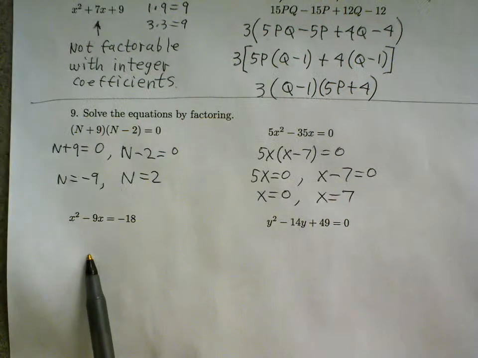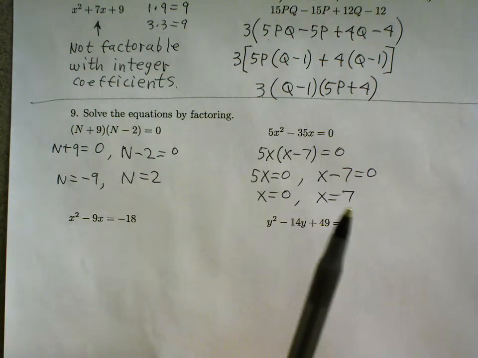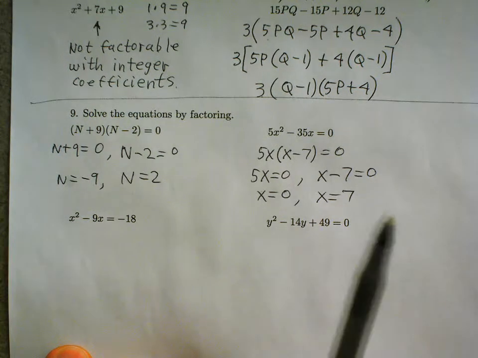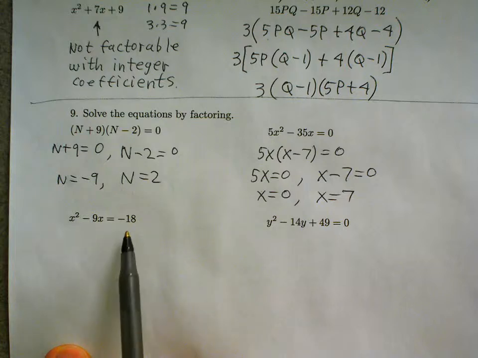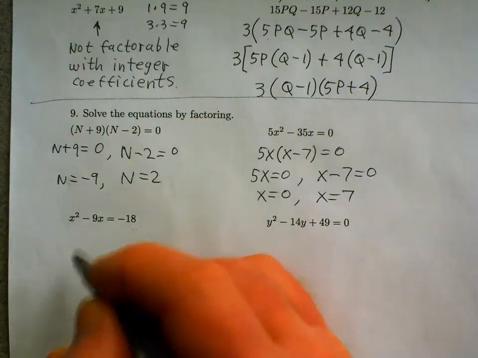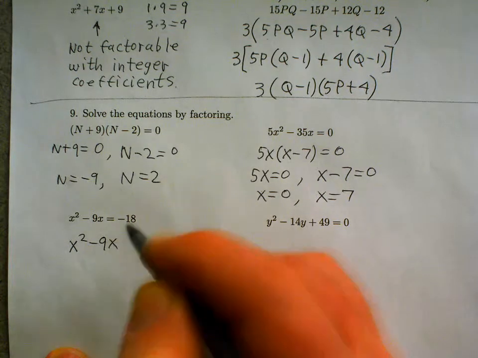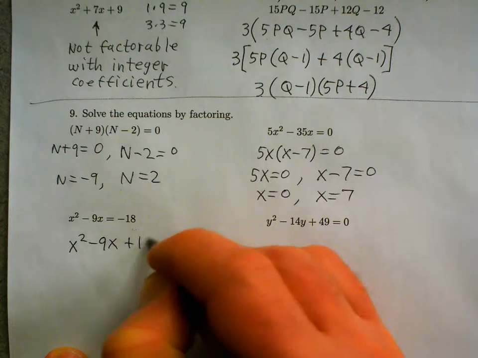Okay, the next equation, x squared minus 9x equals -18. To start with, we want one side to be 0. So we can add 18 to both sides, and we get x squared minus 9x plus 18 equals 0.